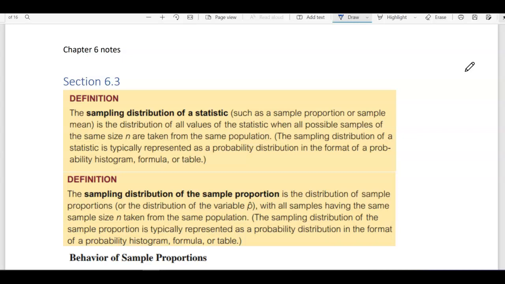So we collect data from a sample, and we're asking, can we use, for instance, the mean of that sample to estimate the population mean? Can we use the median to estimate the population median? Can we use the variance to estimate the population variance? Can we use the proportion from the sample to estimate the population proportion? So that's what we're investigating in this section.